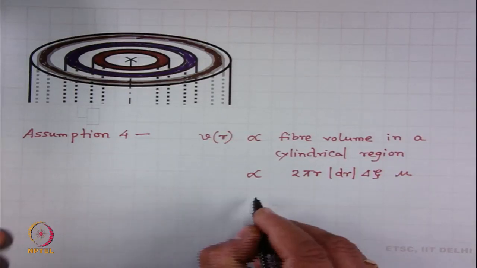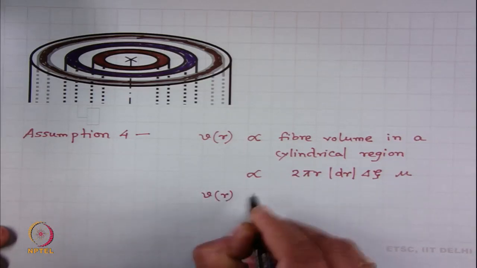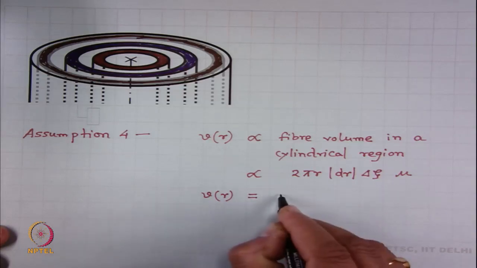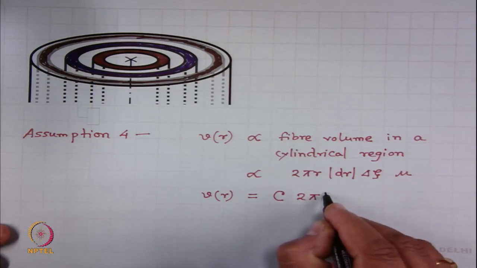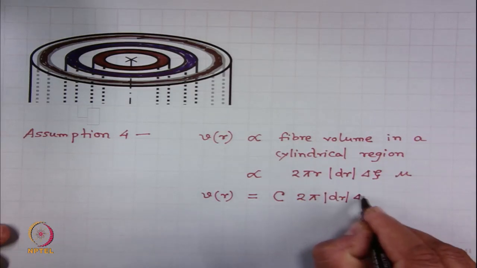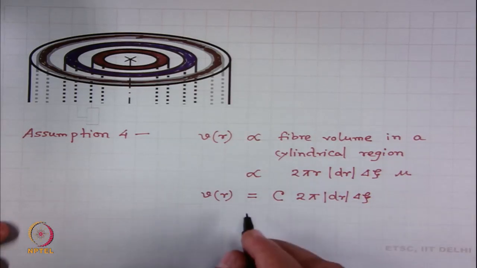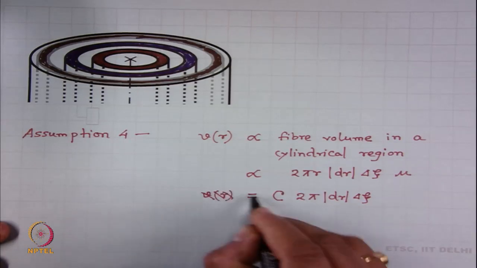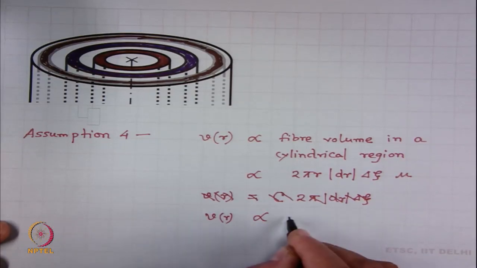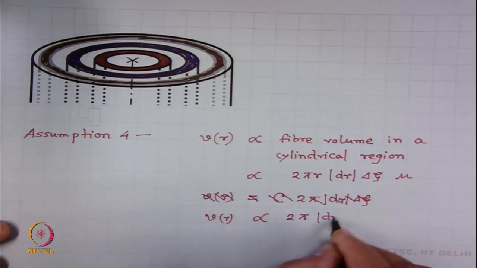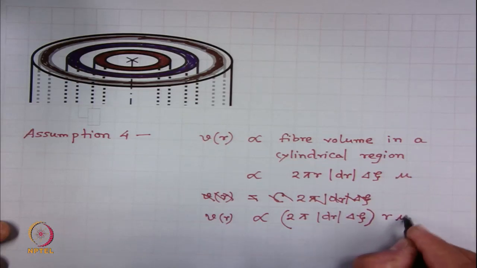So, nu r is equal to capital C times 2 pi dr delta zeta, which is proportional to 2 pi dr delta zeta into r into mu.